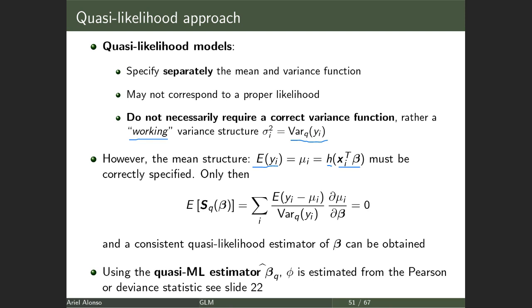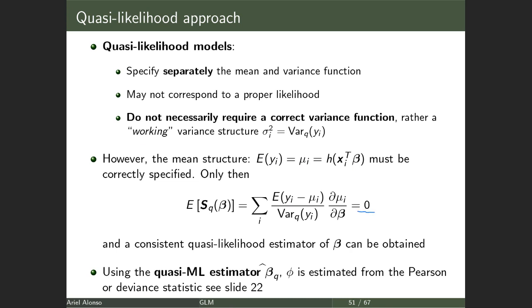But if you get the mean right, then the expected value of the quasi-score equations is going to be equal to 0. Why? Because the expected value of this part over here is going to be equal to 0, because you got the mean right. So the mean of y is indeed this.